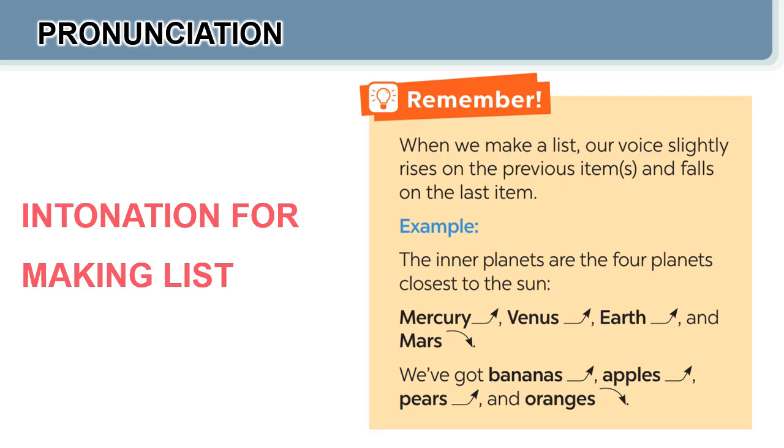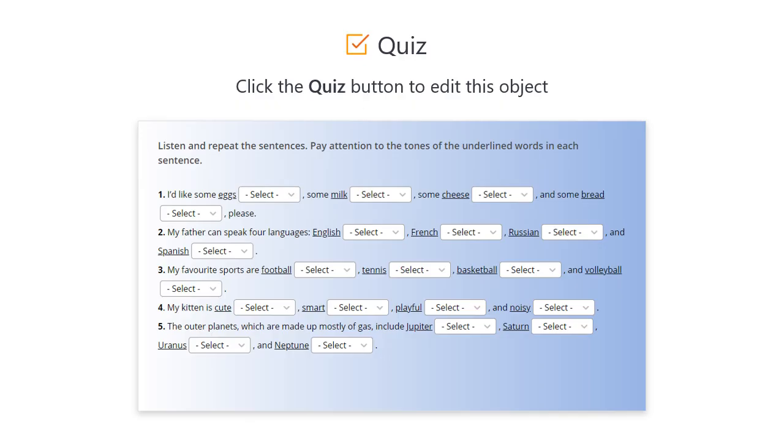The second example, we've got bananas, apples, pears, and oranges. Now let's do the first practice. Listen and repeat the sentences. Pay attention to the tones of the underlined words in each sentence.